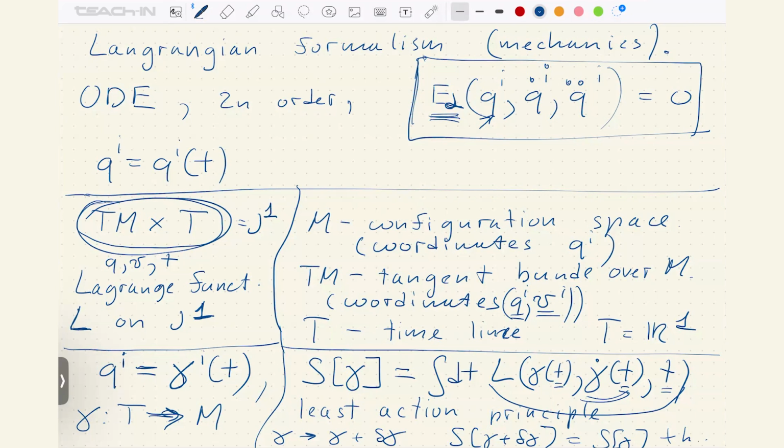So the leading term is 0. This is the usual story about variational principle. So we want our trajectory to be extremal, and this is a standard problem of variational calculus.